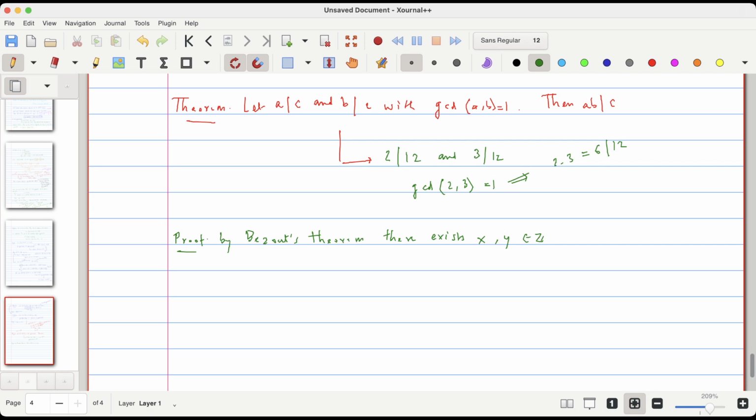Now remember, this x and y in Bezout's theorem are fixed integers. So we will have some x and y. We will not have a set of values of x and y. For different values of x and y it may hold, but x and y are not necessarily unique. But we will have some x and y. I forgot to mention that.